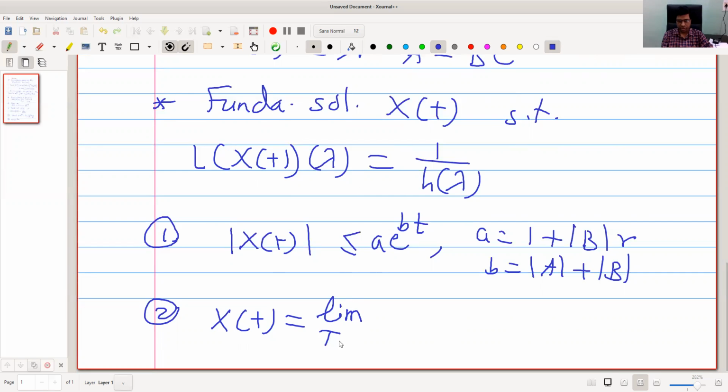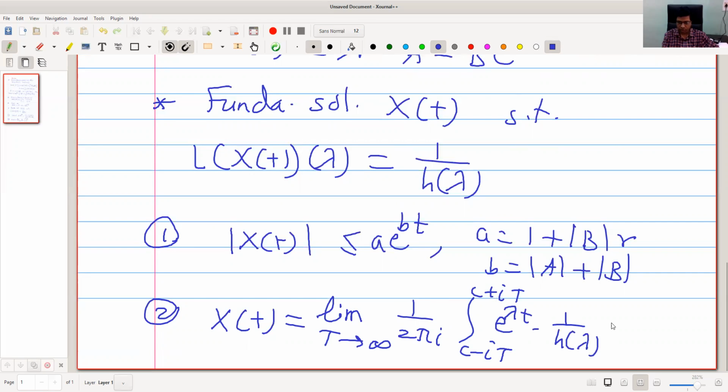It is limit t tends to infinity, 1 upon 2 pi i, integral from c minus it to c plus it, e raised to lambda t into 1 upon h of lambda d lambda. Okay.